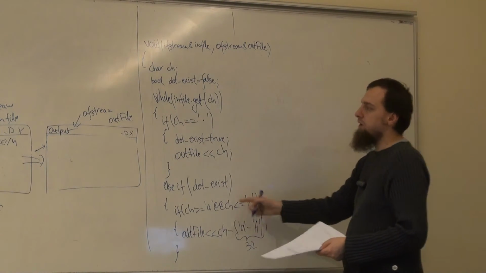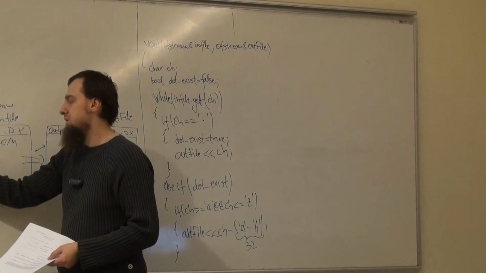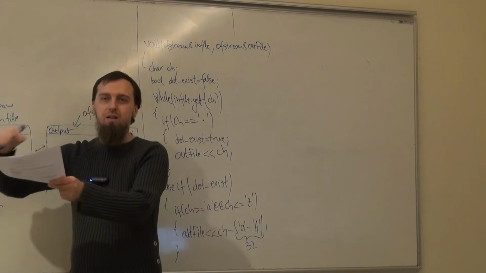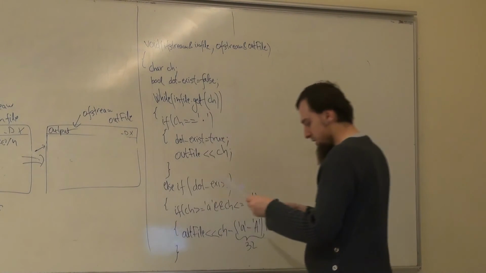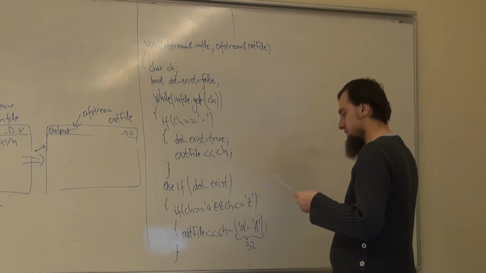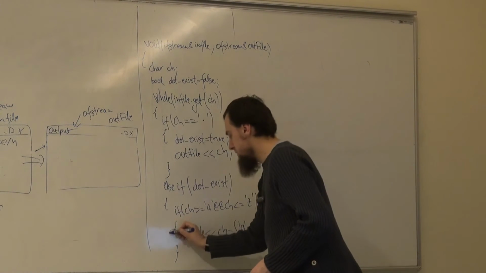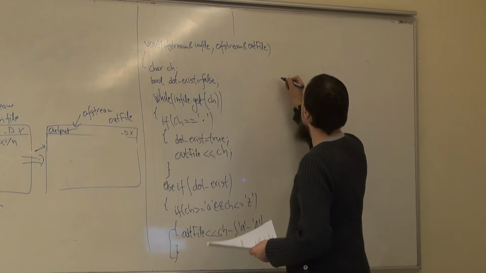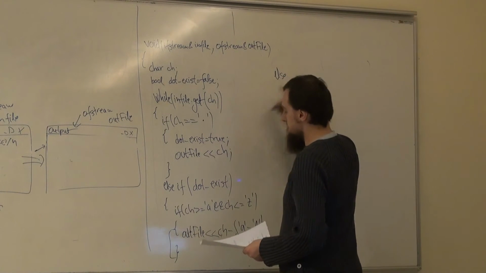However, if it's not a character, if it's an empty space, or a tabular value, or a new line, or whatever, then we just print it as it is. So this is for this one. We continue, else. This else is for this if.